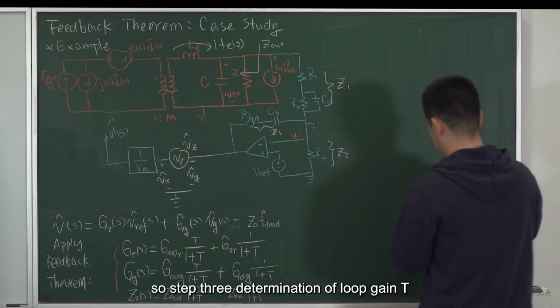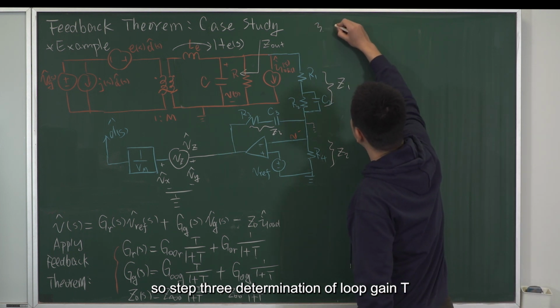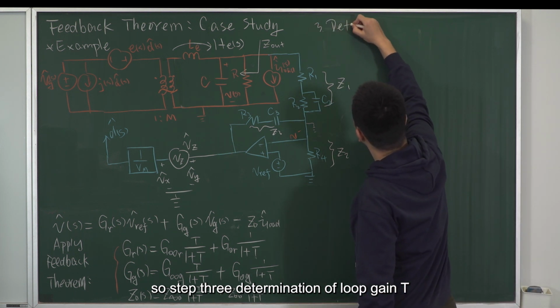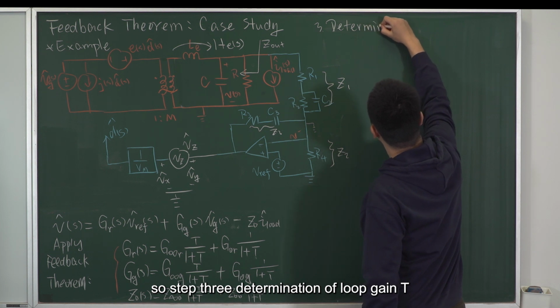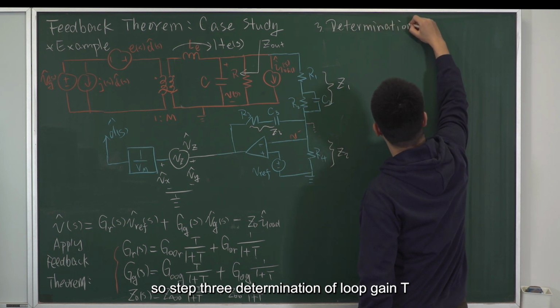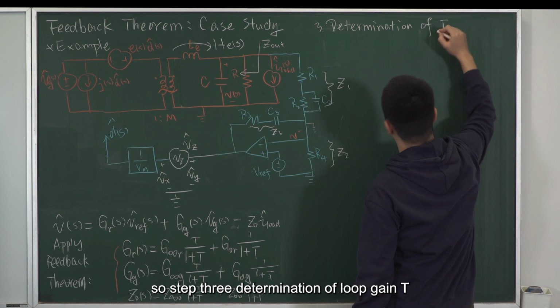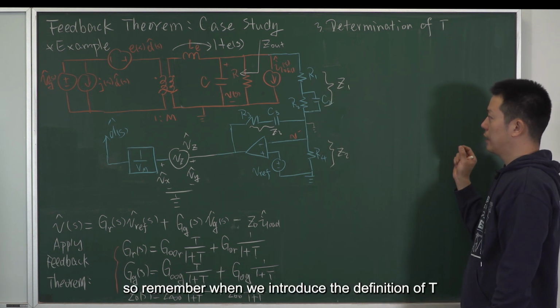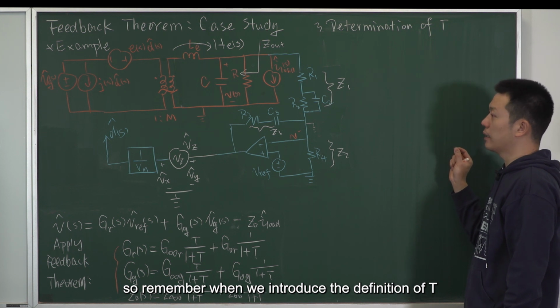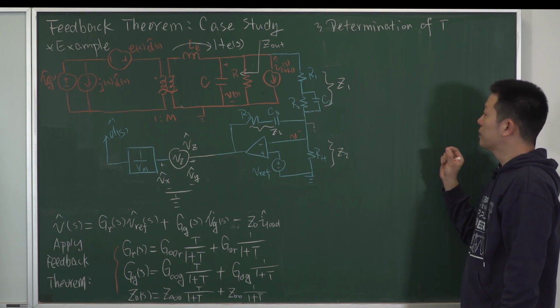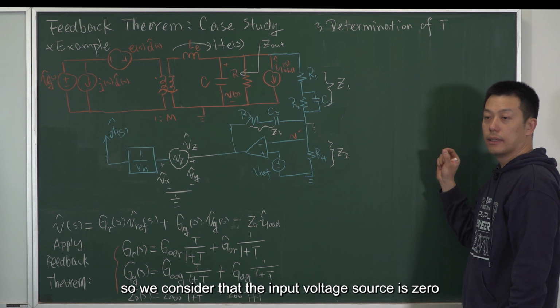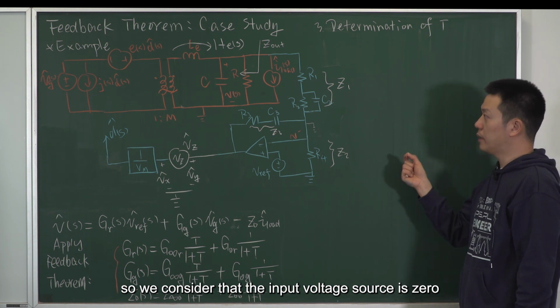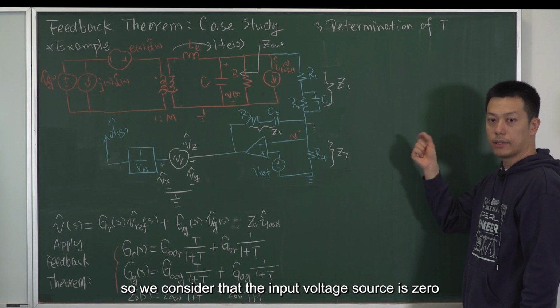So step 3, determination of loop gain T. So remember when we introduced the definition of T, we consider that the input voltage source is 0.